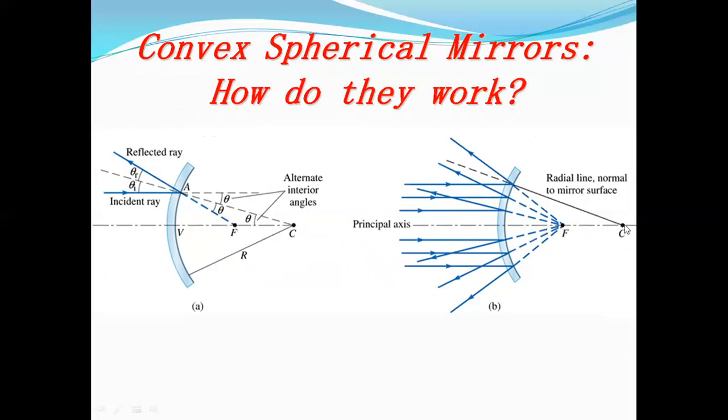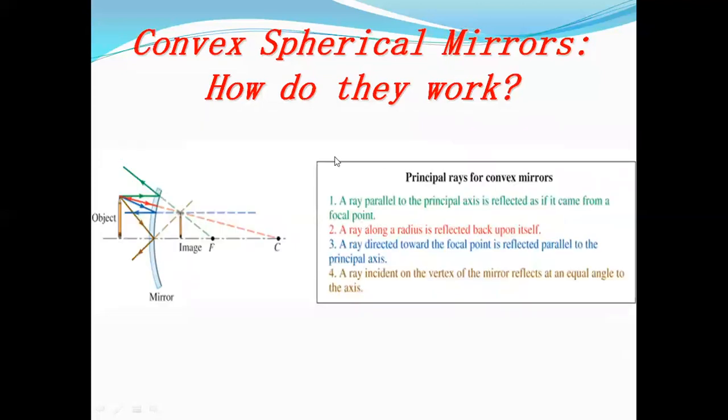And this is the radius of curvature, and we know the relation of focal length and radius of curvature: the focal length is always half of the radius of curvature. Here I show you a practical situation of a convex spherical mirror.